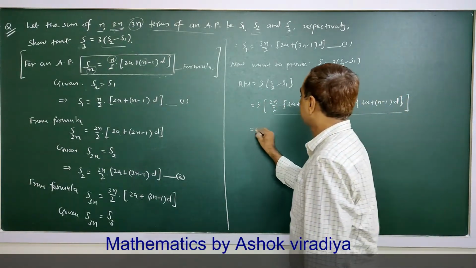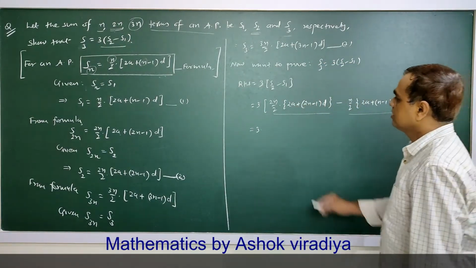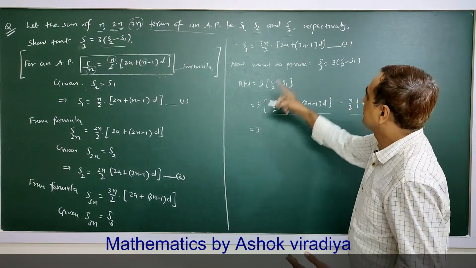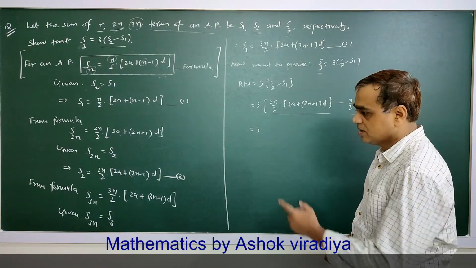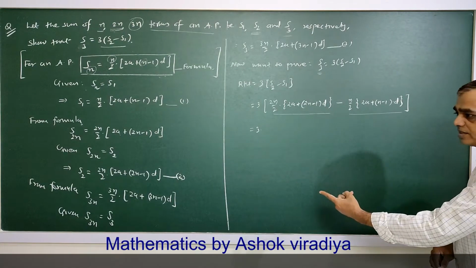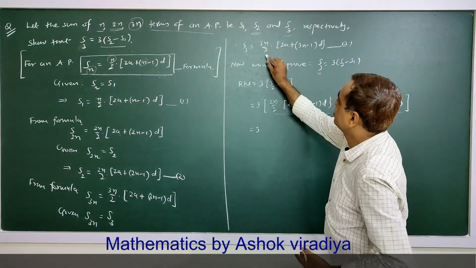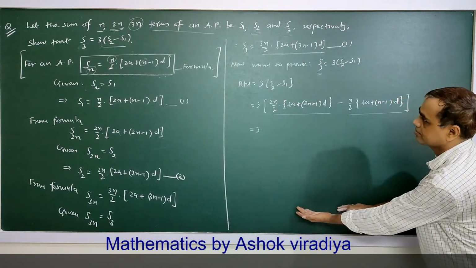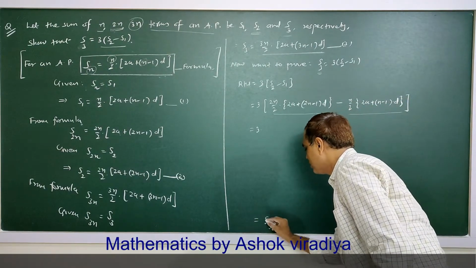Now simplifying this, 3 into, now see, here we want to prove that it is equal to S3. That means we want to prove this will be equal to this value. This is required RHS in the last step. At last we want to show that this is equal to S3.